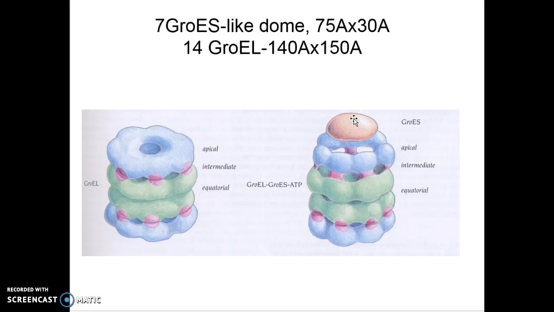Large conformational change of GroEL occurs when GroES and ATP are bound. GroES molecule binds to one of the GroEL rings and closes off the central cavity. The GroEL ring becomes larger and the cavity inside that part of the cylinder becomes wider compared to alone.